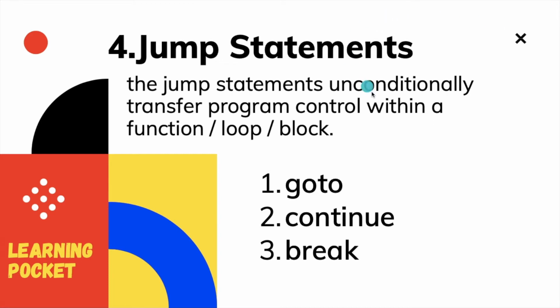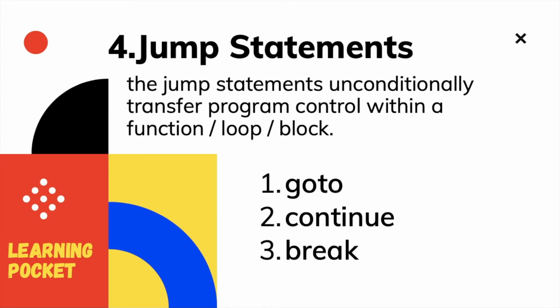The topic we are going to cover right now is jumping statements. Jumping statements unconditionally transfer program control within a function, loop or block. You must have noticed that we used curly braces several times while writing switch statements, if statements, or loops, and whatever comes under those braces is called a block.